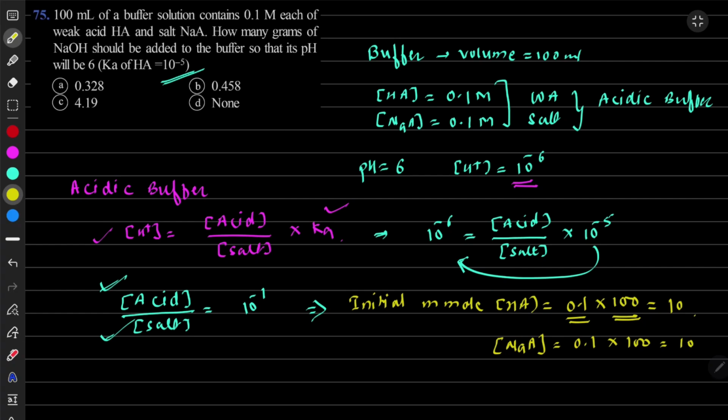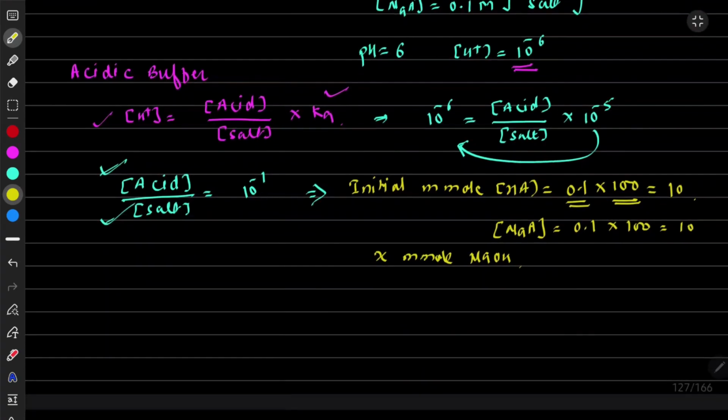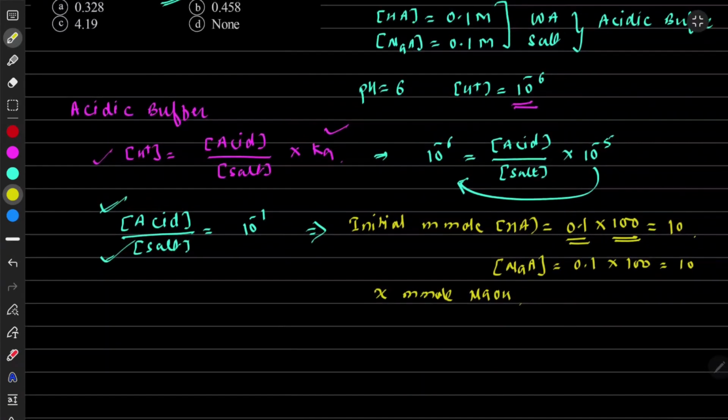Now if some NaOH is added, let us say that NaOH added is x millimoles. If I add x millimoles of NaOH, what exactly is going to happen? NaOH is going to neutralize acid to give a salt plus H2O.